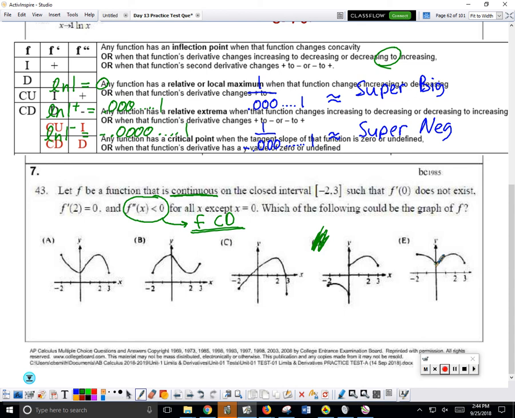So you kind of bypass this one. What does that mean? It means there's no tangent slope at x equals 0 on f.